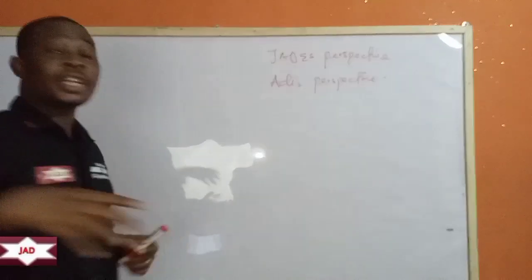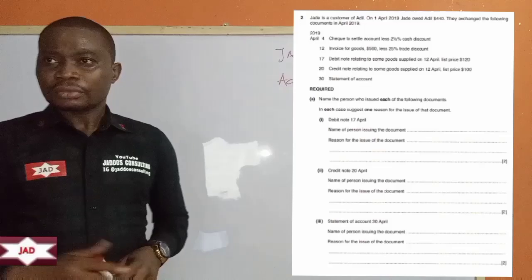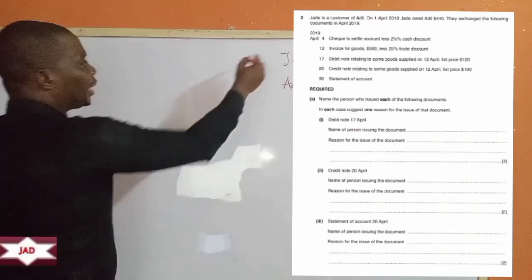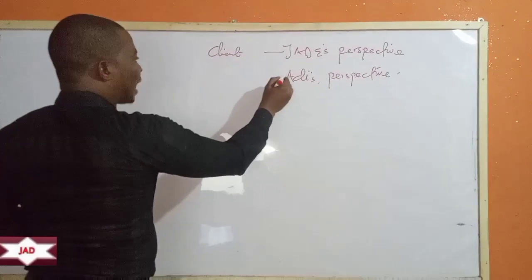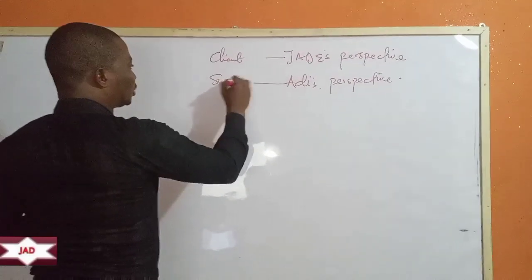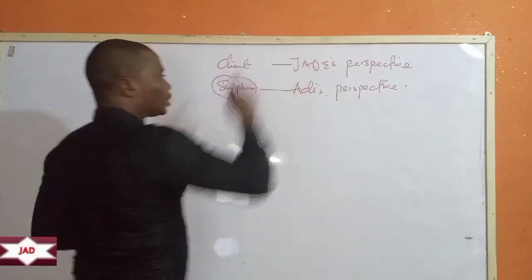perspective. Now, based on this question or this scenario, Jade is a customer. So Jade is like what? A client to Adi. So Adi here is more like what? A supplier. So we have Adi supplying to what? To Jade.